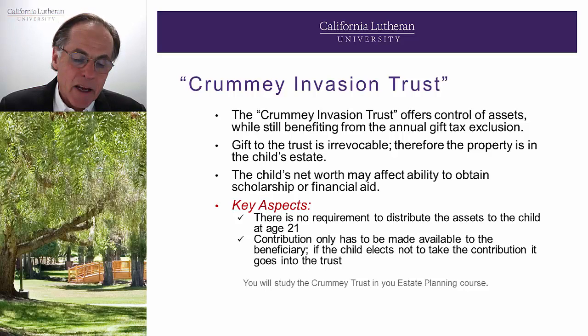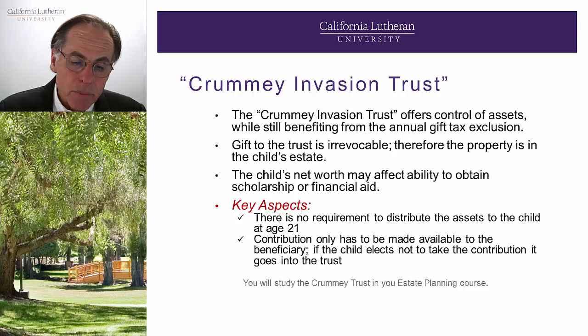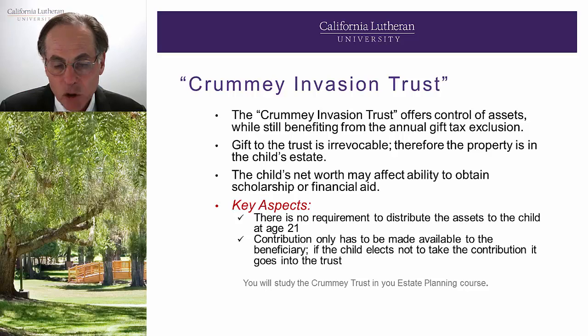The Crummey Withdrawal Trust offers control and discretion about when to distribute assets to the child. And the contributor can still take advantage of the annual gift tax exclusion. This occurs because the child is given the discretion of whether or not to take the contribution rather than placing it in the trust.